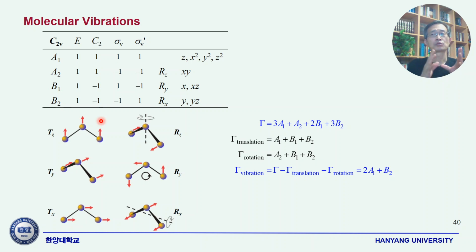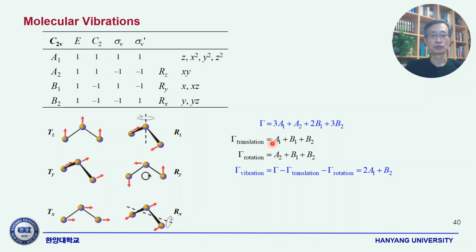Okay, H2O has 3 atoms, so 3 times 3, 3n, gives 9 total degrees of freedom, and 3 of them are translational, and another 3 of them are rotational. So 6 motions are translation and rotational motions.